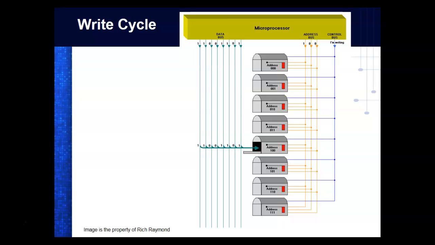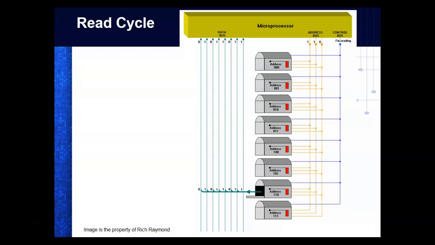So the control bus tells it what to do with the data, or how to handle it, right? To understand: the address bus selects, and then the data bus is where that communication takes place. So this would be a read cycle. So now we're addressing address 6. All of them see the address bus.